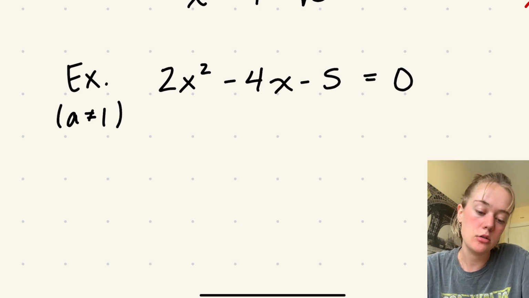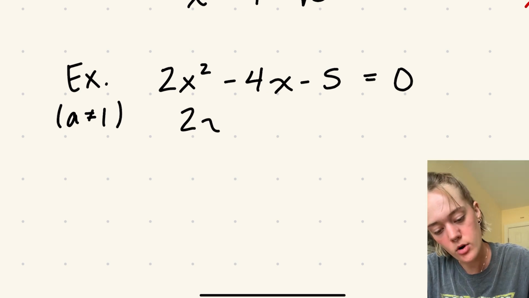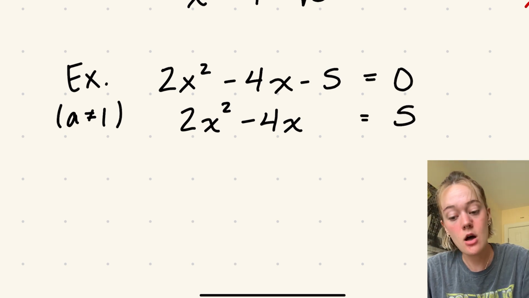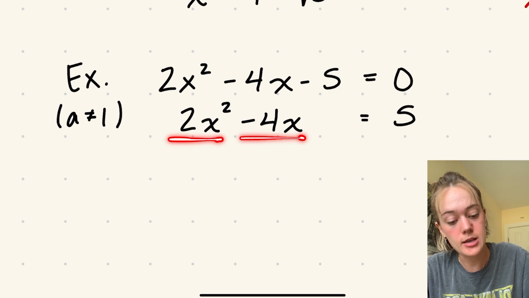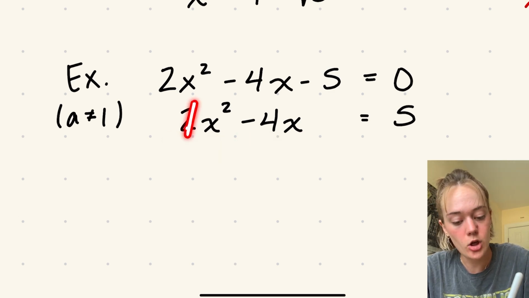So I am going to go ahead with my completing the square rules. So like before, we're going to scooch that 5 on my other side by just adding. And now what I'm going to do is factor out something out of both of these terms so that my a right here will become 1.